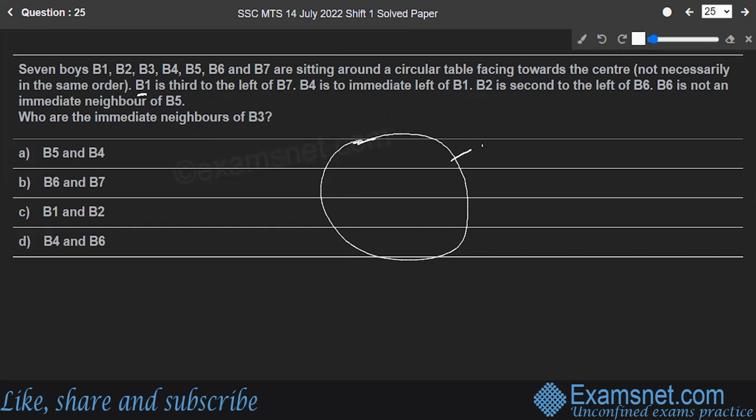So if B7 is over here, third to the left is 1, 2, and 3. So here should be B1. Correct. Next, it says B4 is immediate left of B1. So where will be B4? Immediate left side is this one only. Here is B4.